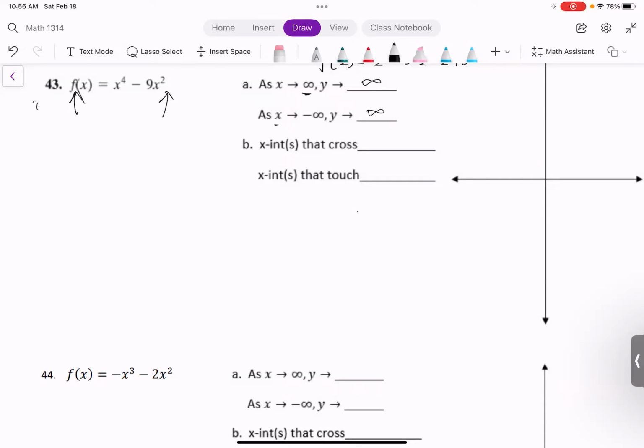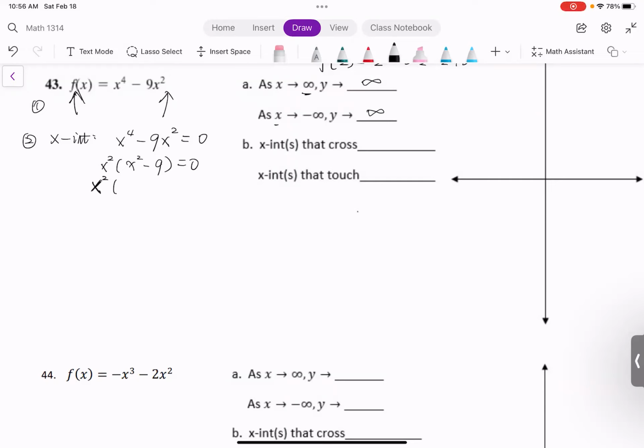Let's find the x-intercept. Set the function equal to 0: x to the 4th minus 9x squared equals 0, and factor out the x squared. We have x squared times (x squared minus 9). That's 3 squared. The second factor uses the conjugate formula.